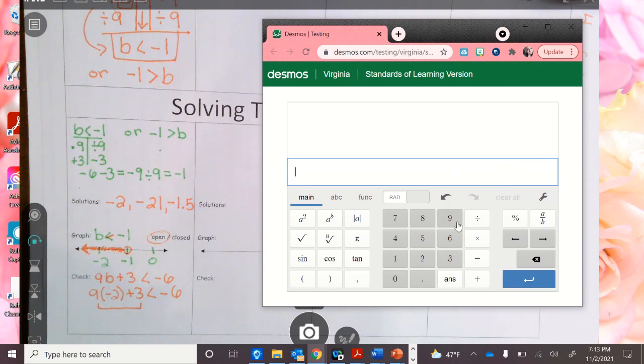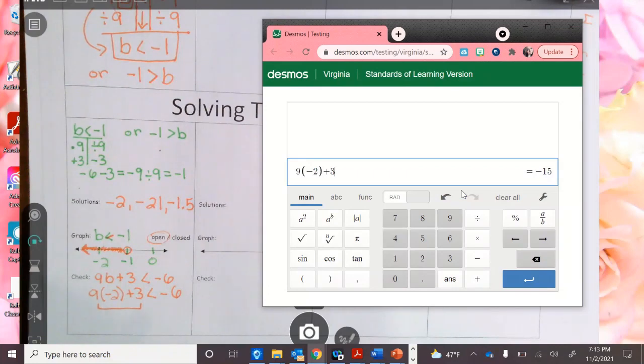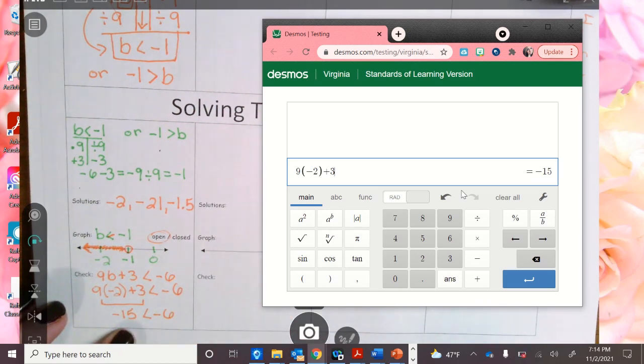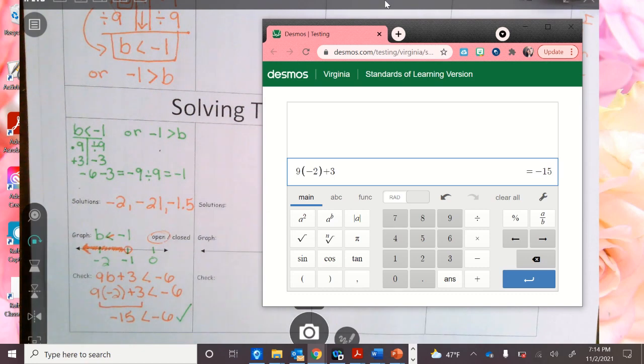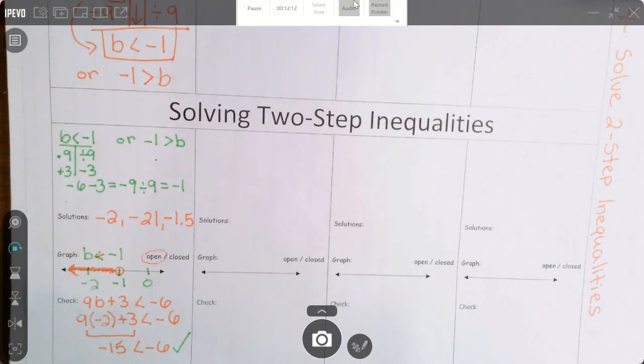And I can just put in 9 times -2 plus 3, and that gives me -15. So -15, as long as that is less than -6, is -15 less than -6? It is, so it checks. I'm not going to come up with the same number on both sides. It just has to be a true statement.